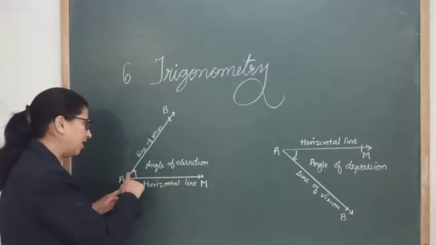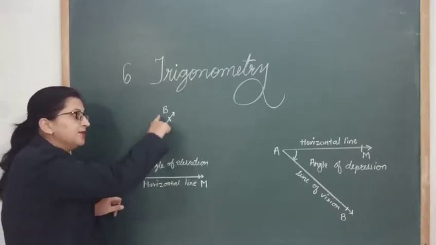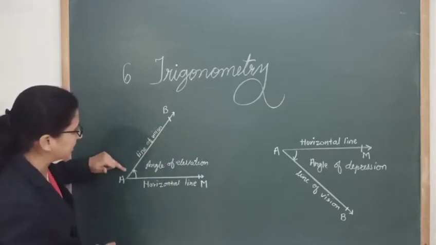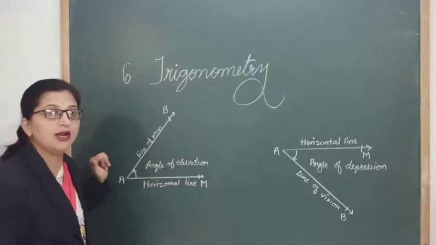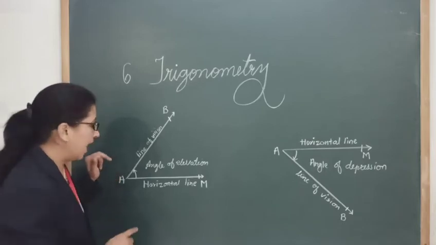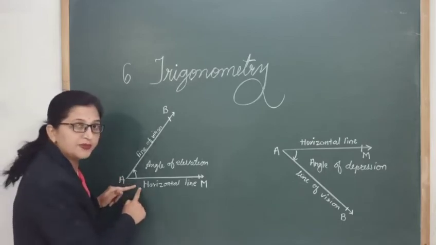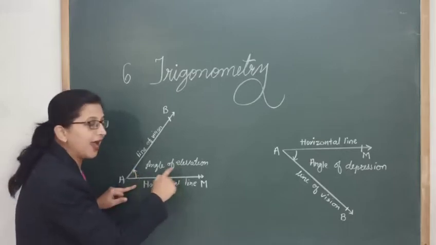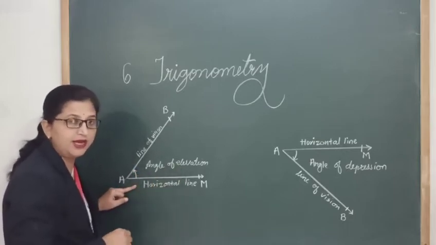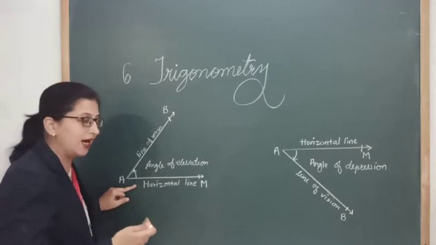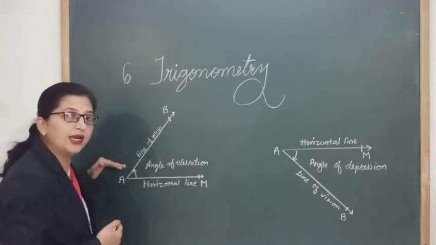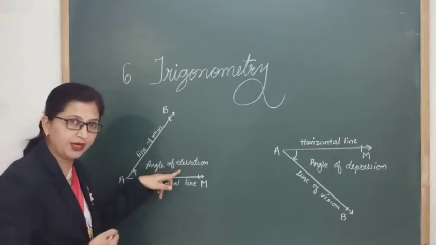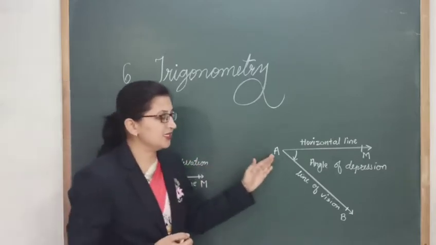Observer is looking upside, so this line joining the points A and B is called the line of vision. And the angle formed between this horizontal line and the line of vision is called the angle of elevation, right? In short, we can say that when the person is looking upside, then there is an angle of elevation. Okay? Now, let's consider this.